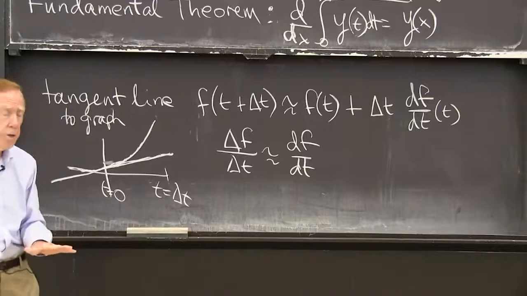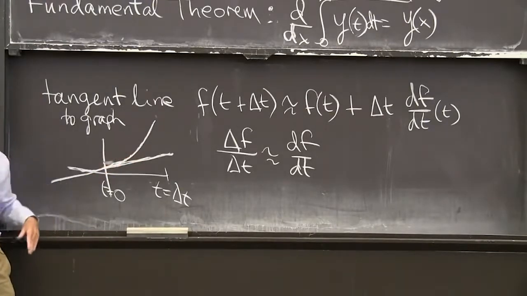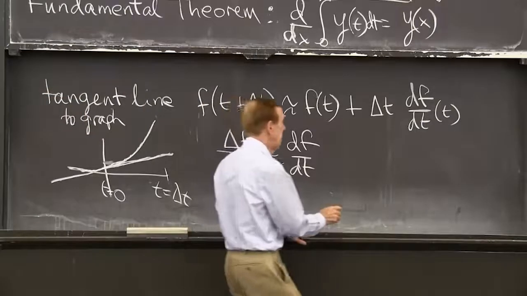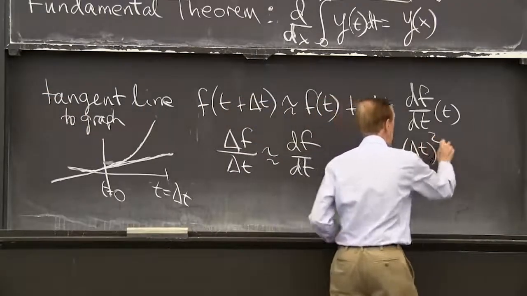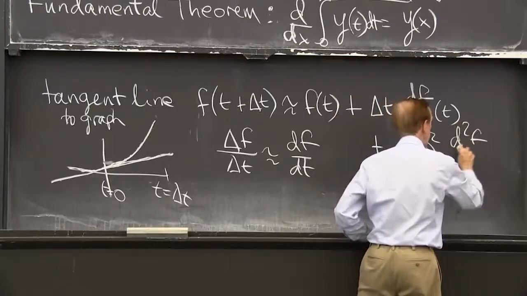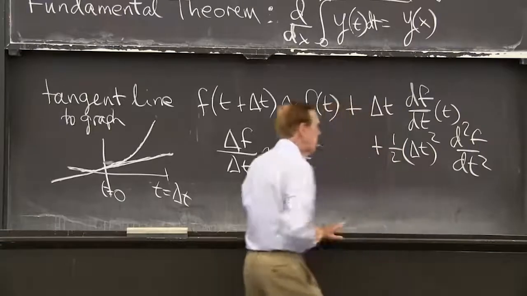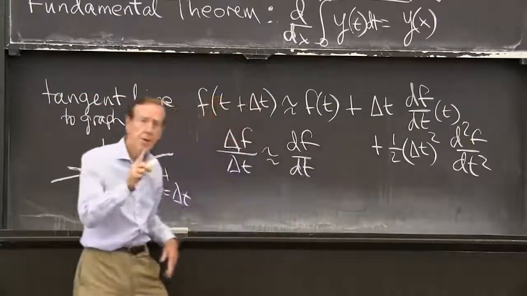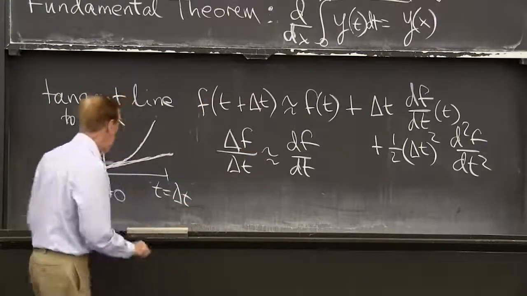So the way to get closer is we have to take into account the bending. The curve is bending. What does the derivative tell us about bending? That is 1/2 delta t squared times the second derivative. It turns out a 1/2 shows up in there. So this is the term that changes the tangent line to a tangent parabola.